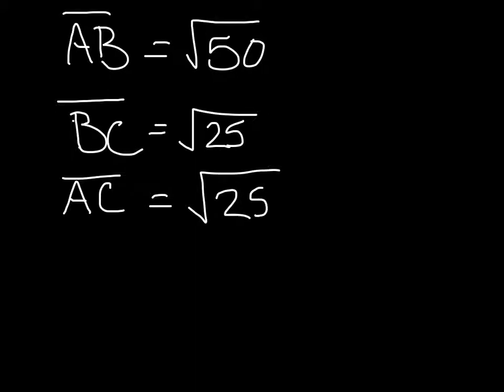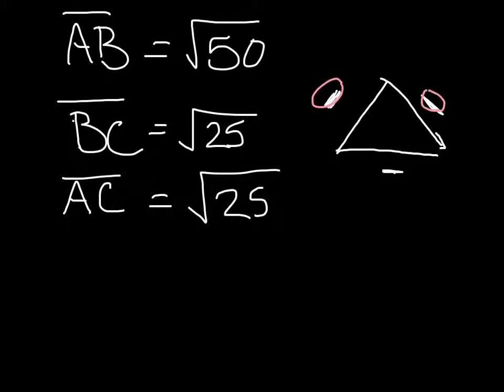So when you have a triangle, you have two sides that are the same length. This side and this side are going to be the same length, and one side is going to be a little bit longer. So in the triangle that we drew, these two sides here are going to be the square root of 25, and this side down here will be the square root of 50.